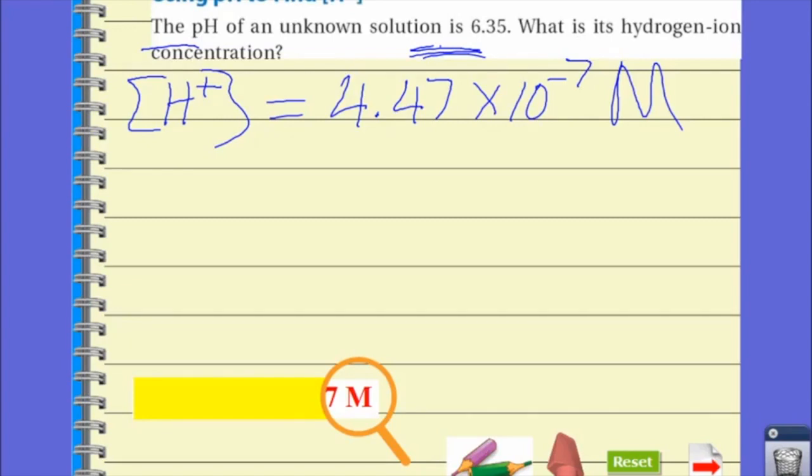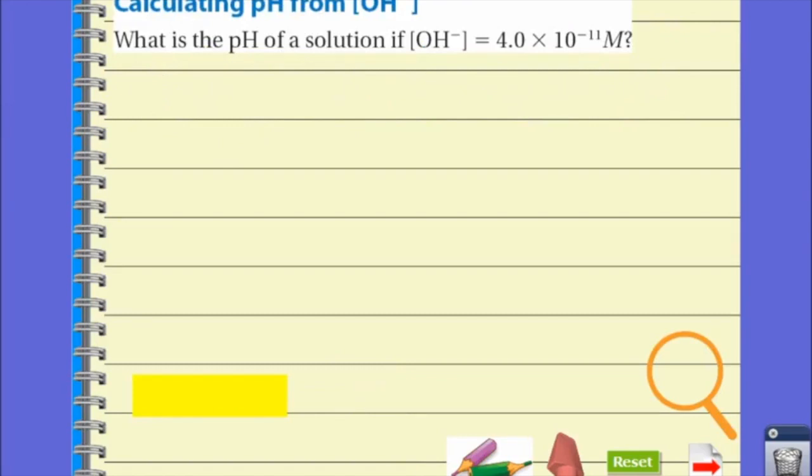Okay, let's move on. Oh, I have 1 minute. Let's do this and I will stop. What is the pH of a solution if the hydroxide ion concentration is 4.0 times 10 to the negative 11?